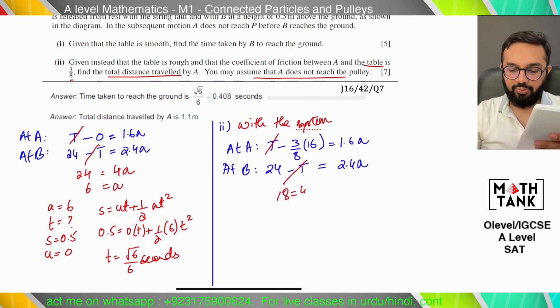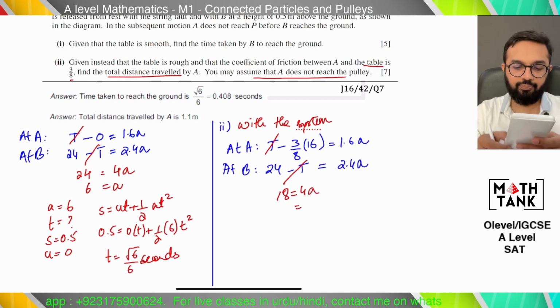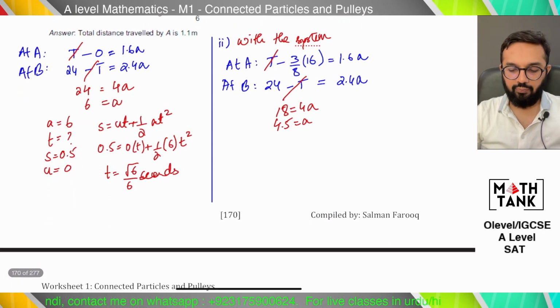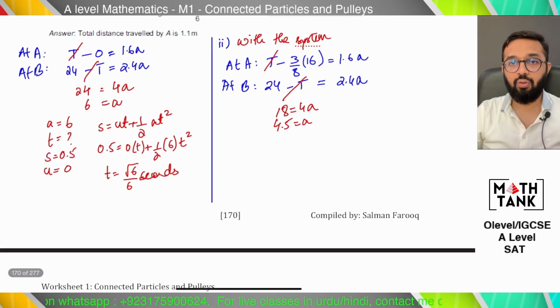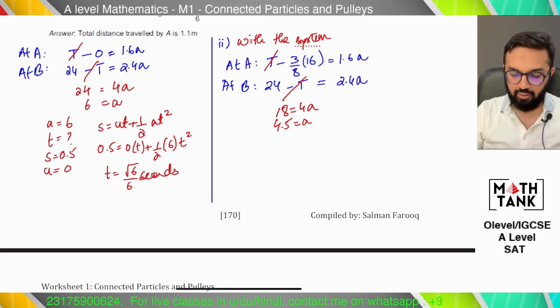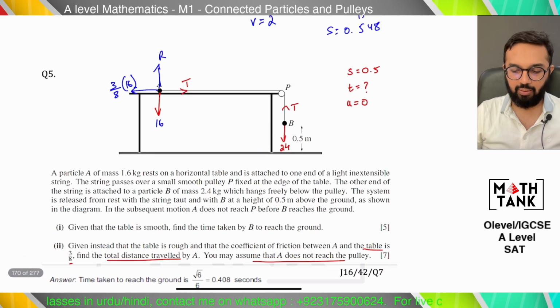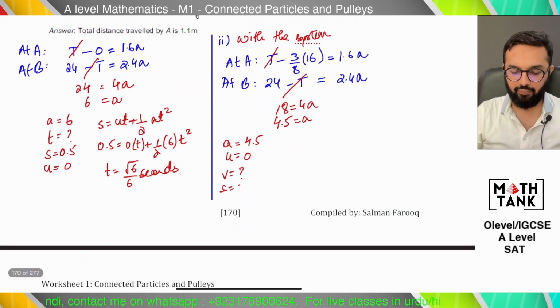So 18 equals 4a, so a equals 4.5. U is 0. I want to find out v specifically. And I know that with the system, I'm going to travel a distance of 0.5.